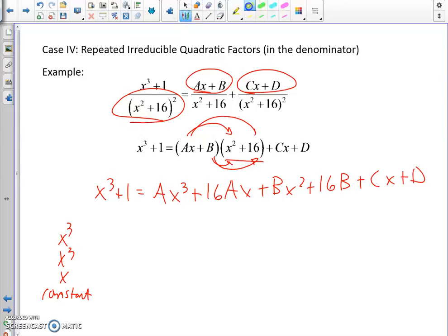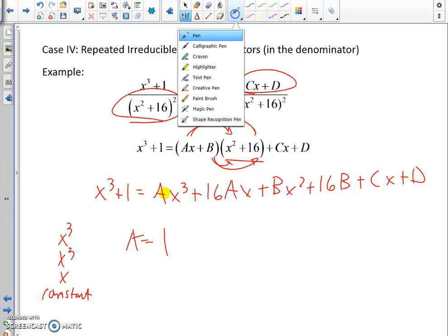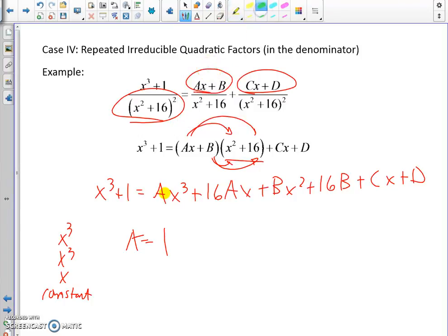Looking for the cubics, I'm going to have a is equal to 1. Looking for the quadratic, I'm going to have b is equal to 0.